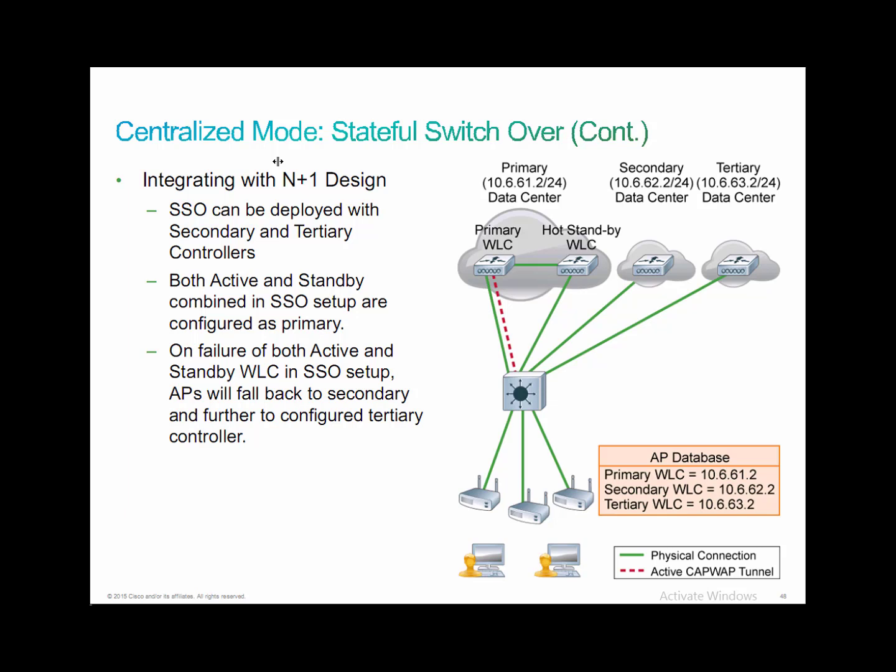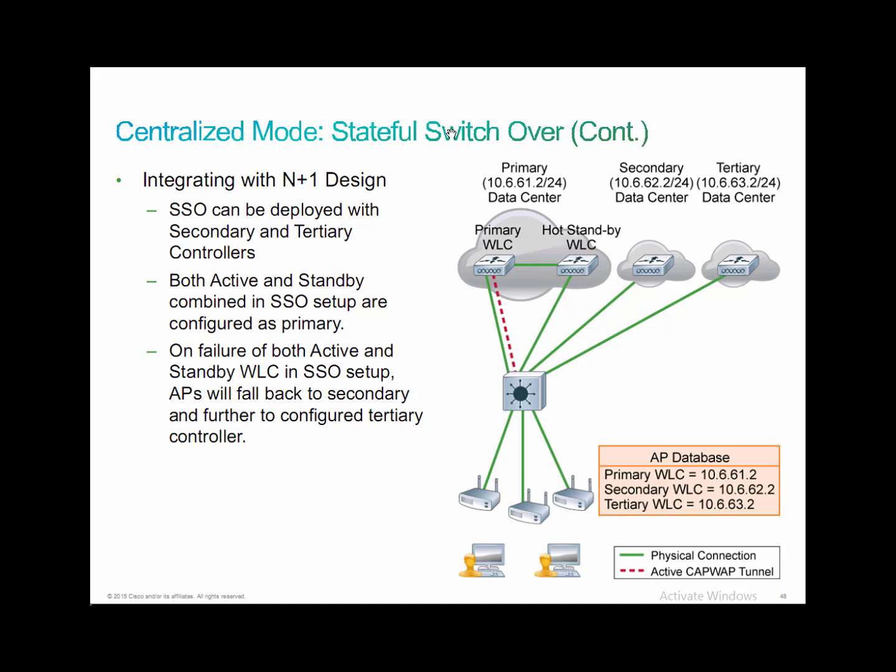Only on the failure of both the active and standby controller in this high availability setup will the APs actually fall back to the secondary and the tertiary controller. So you can still have additional redundancy. You're just not going to get that stateful switchover option that you see with the high availability piece. All right.